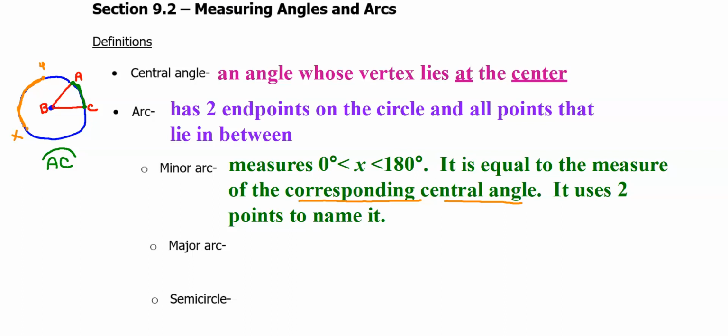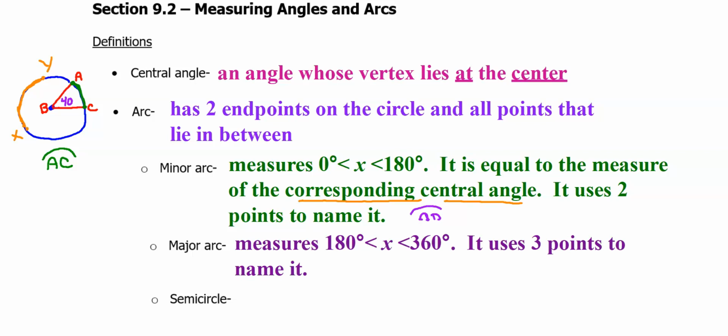So a minor arc will use 2 points. Let's say this angle here was 40 degrees. That would tell me that arc AC is a minor arc, and it would also measure 40 degrees. And I would name it saying AB with the arc above it.